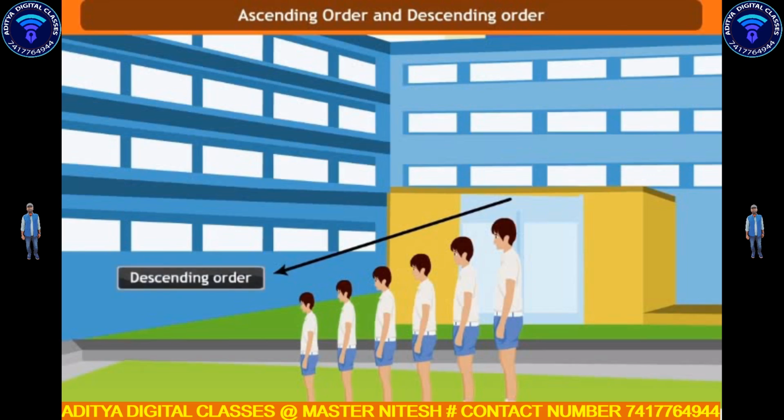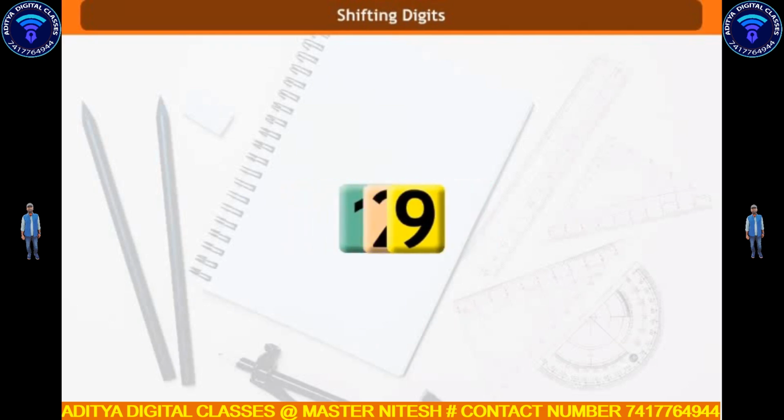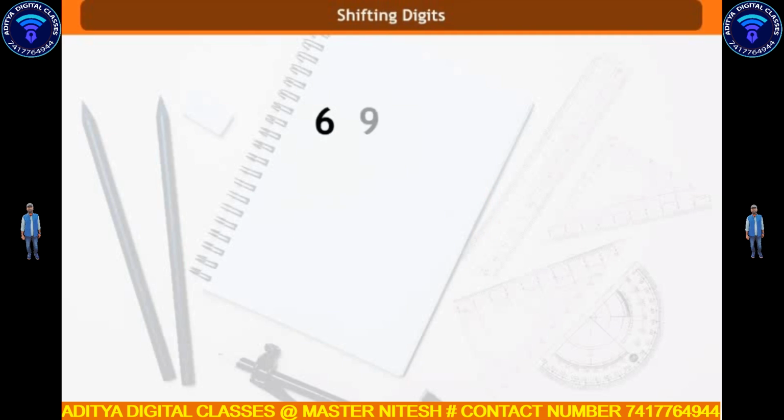Imagine how it would be if the digits in a number could shift or move from one place to the other. Think about what would happen to 129. It could become as large as 921 and as small as 129. Now let us consider 4 digits: 6, 9, 4 and 2.